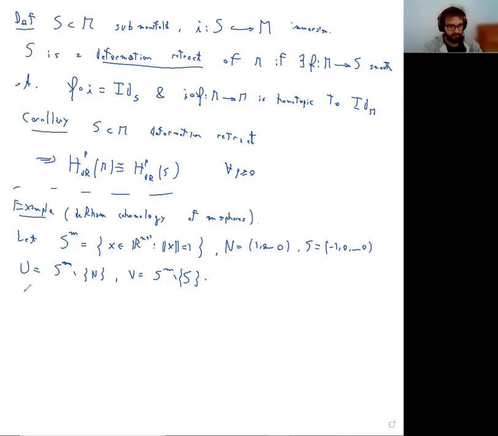And the thing that we observe is that U union V is everything. And U and V are diffeomorphic to each other, and in particular, diffeomorphic to R^n. So this is a known fact. The sphere minus a point is diffeomorphic to R^n.